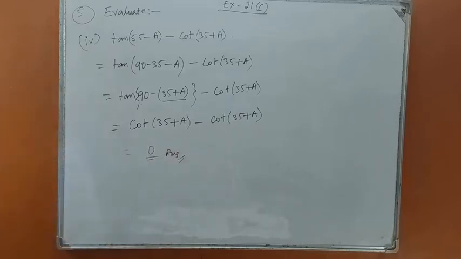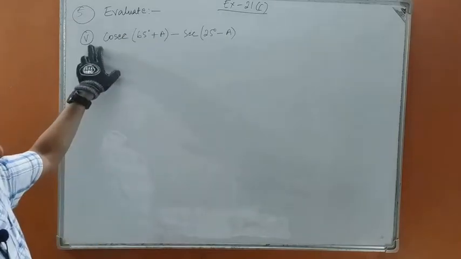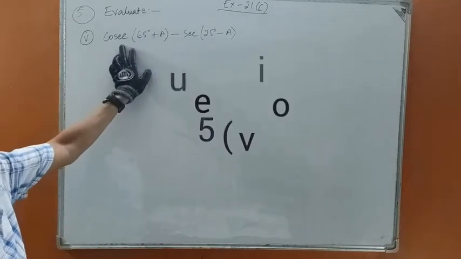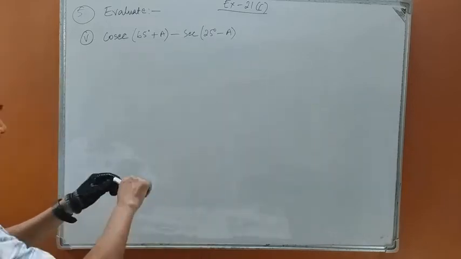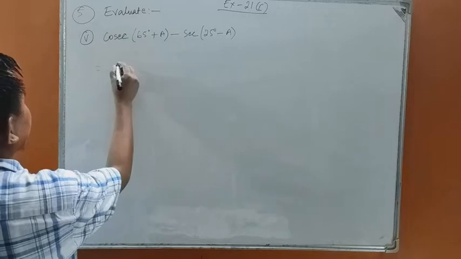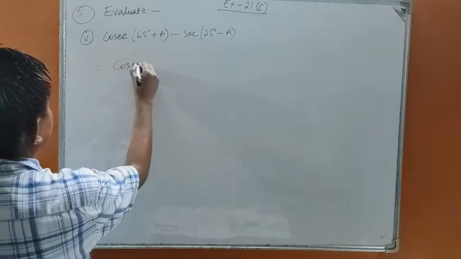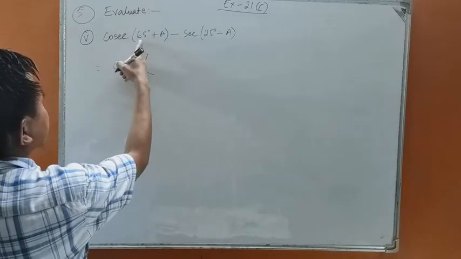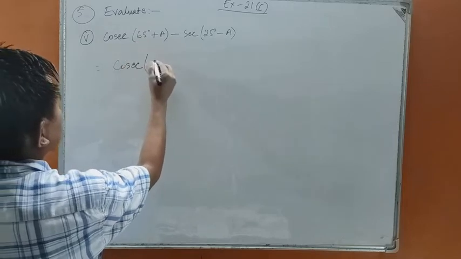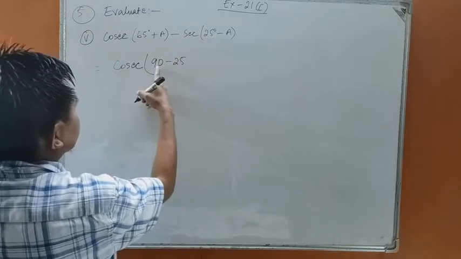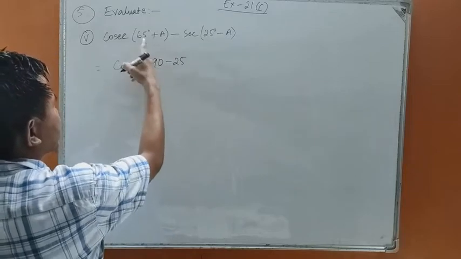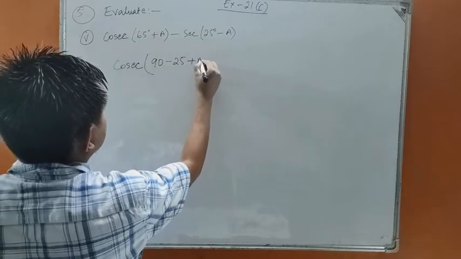Okay, so let's begin. Let's do question number 5. Okay, evaluate. We are asked to find the value of this expression, isn't it? So let's do this. So here we have cosec 65, isn't it? 65 means 90 minus 25. 90 minus 25 gives us 65, and we have plus a here.